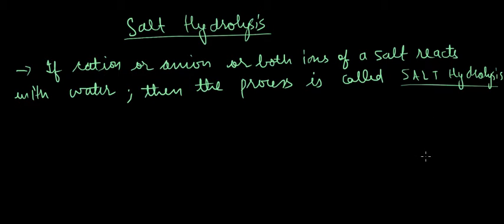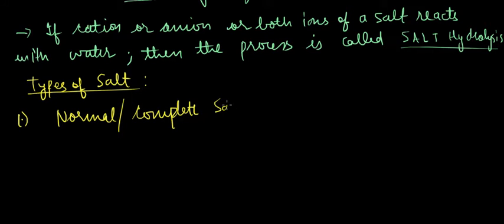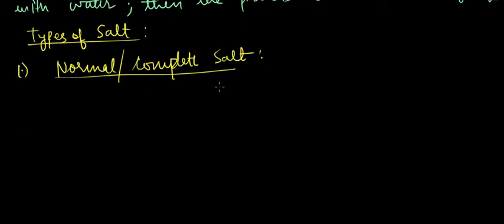Okay, next we'll be seeing types of salt. So first is a normal or complete salt. This is formed by complete neutralization of acid and base.